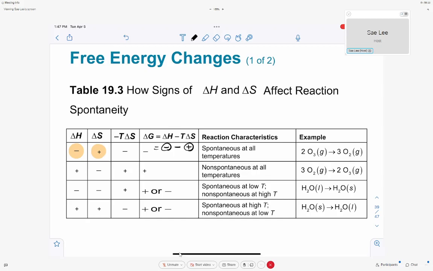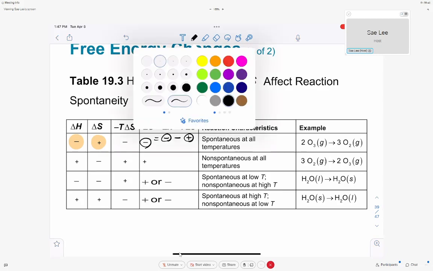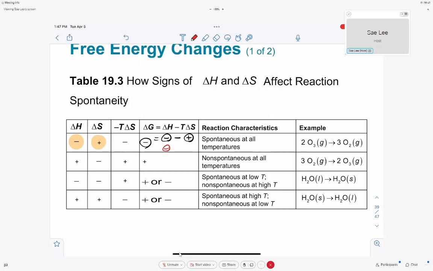Then your delta G is minus. Or minus minus, this is minus. Then the delta G is going to be minus. So in this situation where your enthalpy value is negative and entropy value is positive, delta G is going to be negative, and that indicates that the reaction, or the system, is going to be spontaneous at all temperatures.